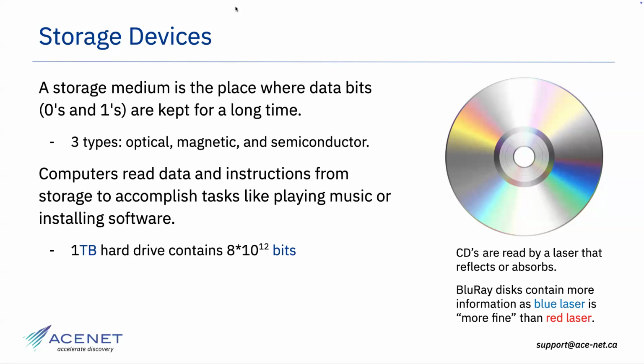The 3 main types of storage media are magnetic, optical, and semiconductor. In a magnetic hard drive, bits are represented by tiny magnets or magnetic dipoles with opposing orientations. One orientation is 0 and the opposite orientation is 1.